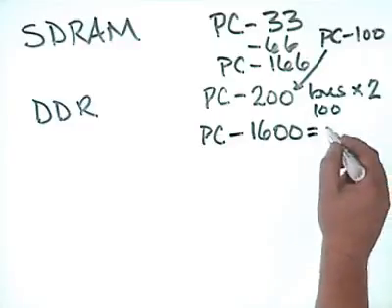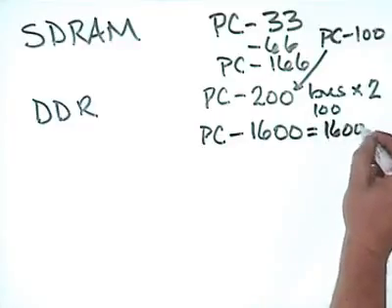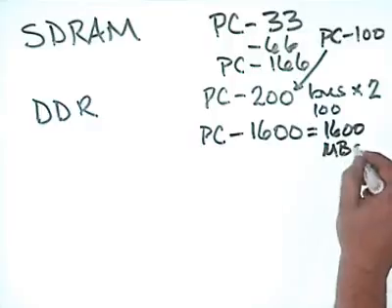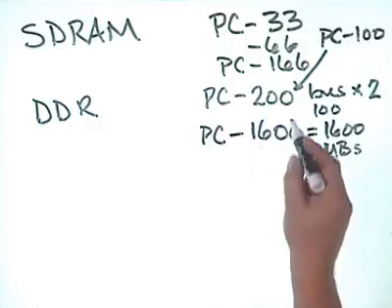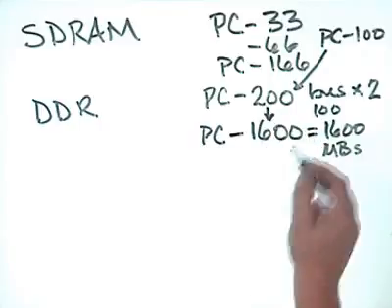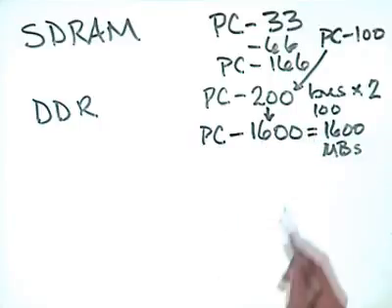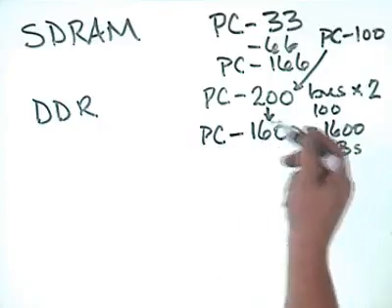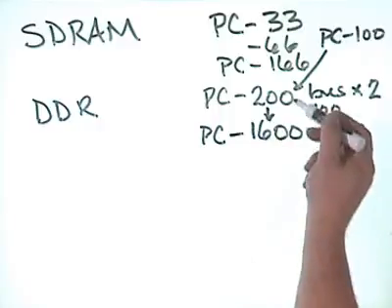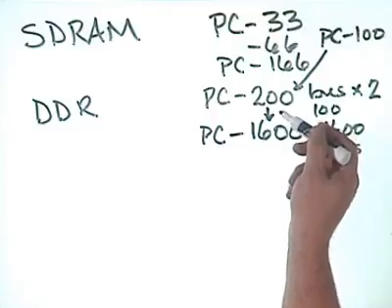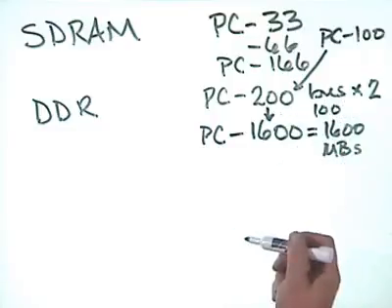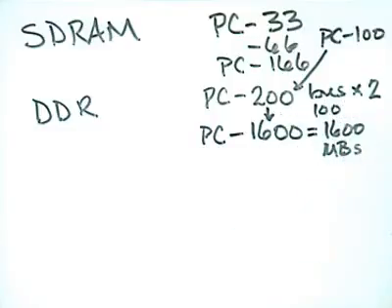Instead, it means that it is capable of sending 1600 megabytes per second worth of data. And in fact, a PC 200 rating is equivalent to a PC 1600 rating, the only difference being the amount of zeros. If you had to tell the difference apart, you might ask yourself, does the number designate the bus speed times 2, or does it designate the bandwidth?